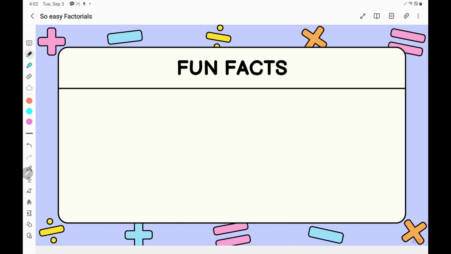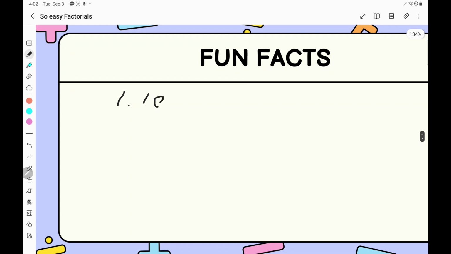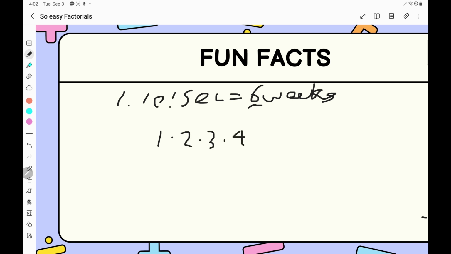Fun facts we're going to look at. The first thing we look at is that 10 factorial seconds equals exactly 6 weeks. I'm not sure if this is right, but let's check. If you write everything out, 1 times 2 times 3 times 4 times 5 times 6 times 7 times 8 times 9 times 10.